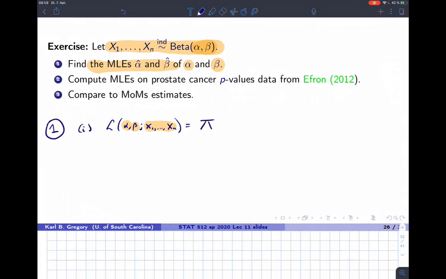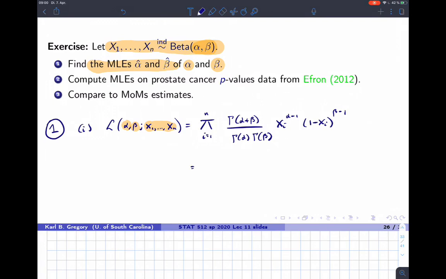So this is going to be the product, since they're independent. It's the product of their marginal PDFs. So we put in here the beta PDF, xi to the alpha minus 1, 1 minus xi to the beta minus 1. We could also put here these indicator functions telling us about the support, but we're going to ignore them and just keep in mind what the support is.